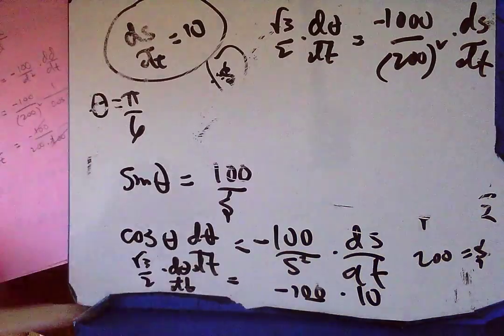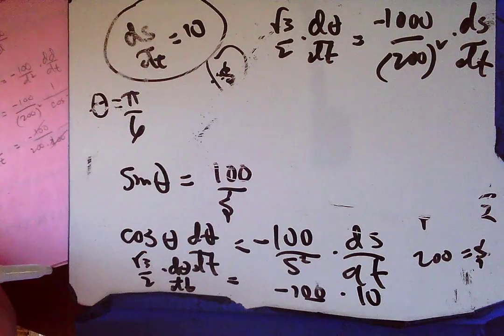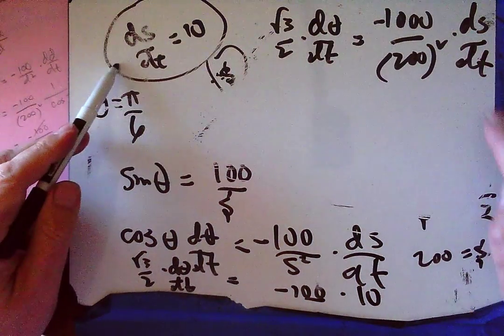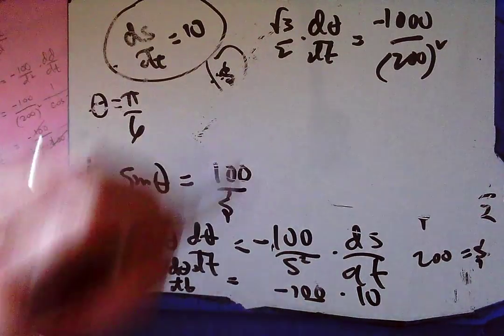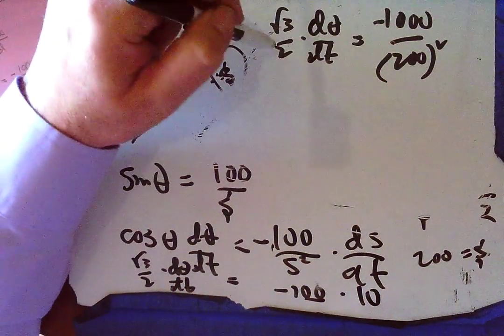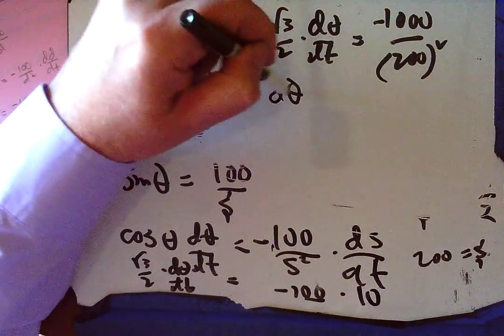All right, what are we looking for? Oh wait, ds dt is 10, and that's part of that 1,000. I'm looking for d theta dt, so I'm going to multiply both sides by the reciprocal.